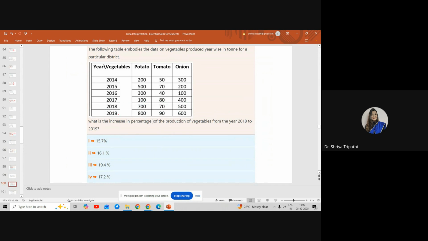What is the increase percentage of the production of vegetables from the year 2018 to 2019? Increase percentage.